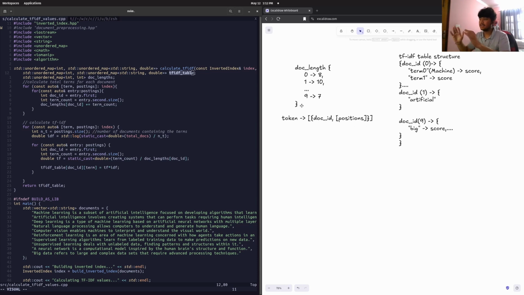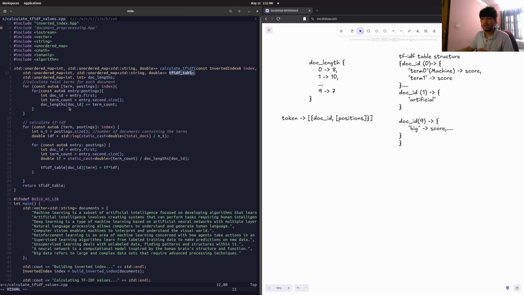It's basically the count of the token in that document ID. So if the document ID is 0, then the term count of that token in that document ID we store in this integer term count. This is the document length, which we know, in this structure.